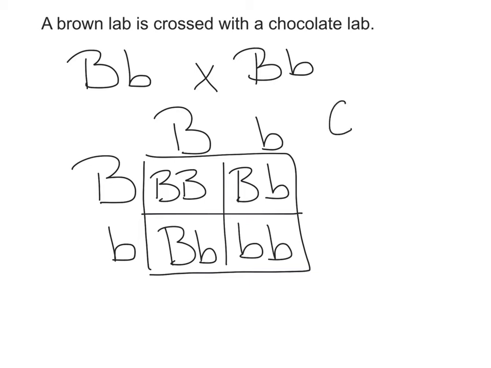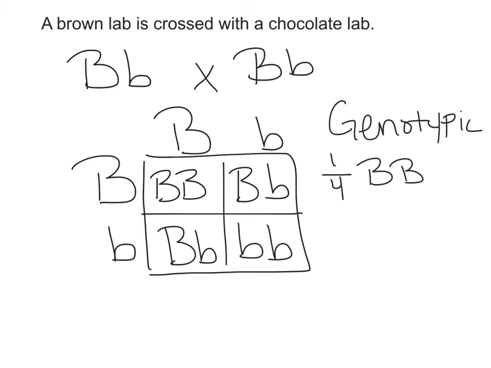So genotypic ratio is reading the genes. So what are the actual ratios of the letters in the Punnett square? So in this case, we have 1/4 of our babies are big B, big B, 1/2 of them are heterozygotes, big B, little b, and 1/4 of them are homozygous recessive.